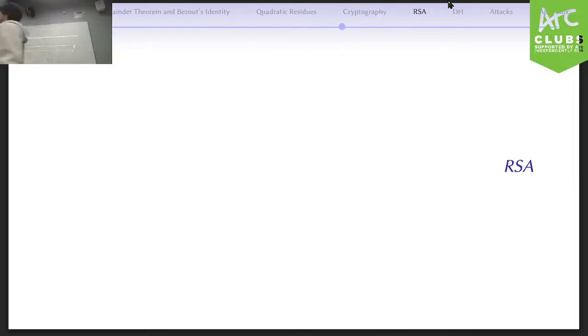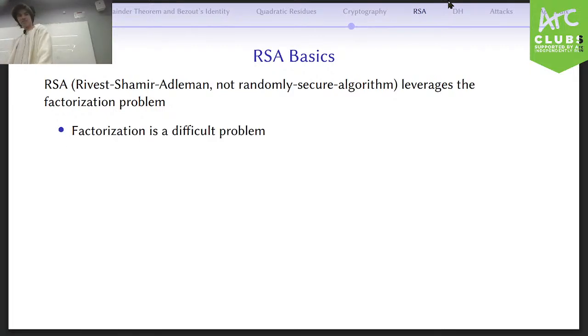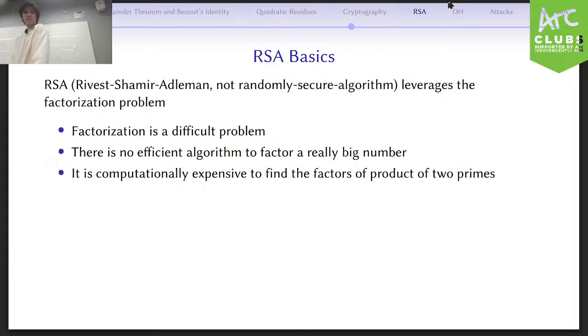All right, we're going to talk about RSA, which is one of the encryption algorithms. RSA stands for the authors who invented it. It leverages the factorization problem. This problem states that factorizing numbers in general is difficult. What this means is that we don't have an efficient algorithm to factor a really big number.